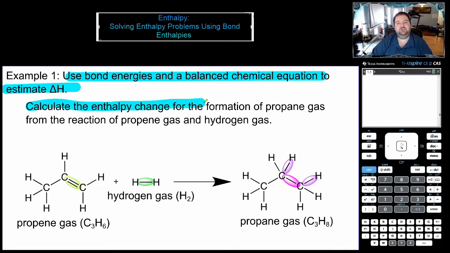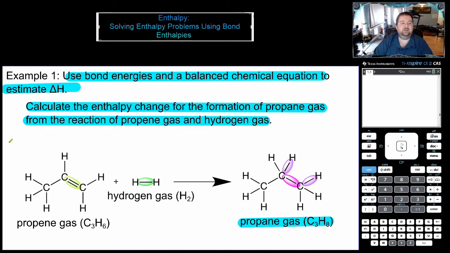Calculate the enthalpy change for the formation of propane gas. So we're forming propane gas, which is C3H8. And this is from the reaction of propene gas and hydrogen gas. And so over here we have our propene gas, C3H6, and hydrogen gas, which is of course H2.